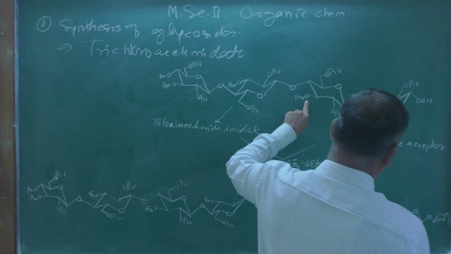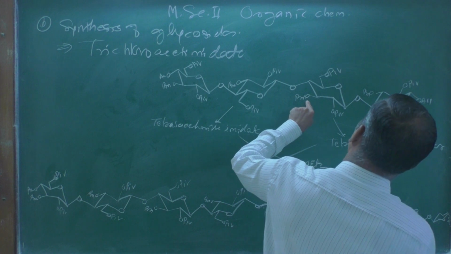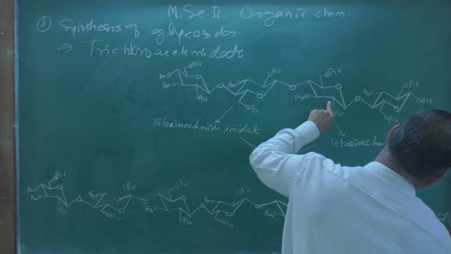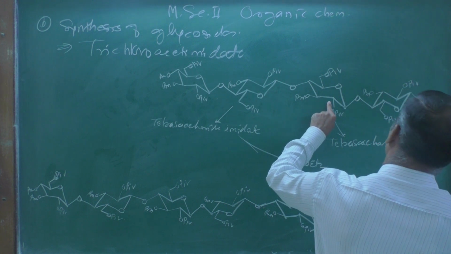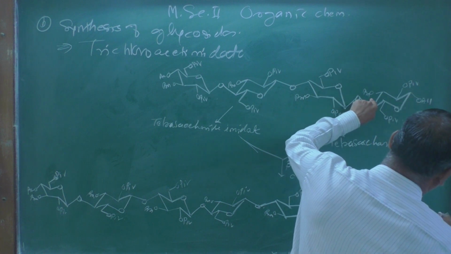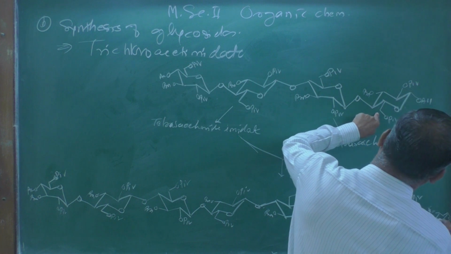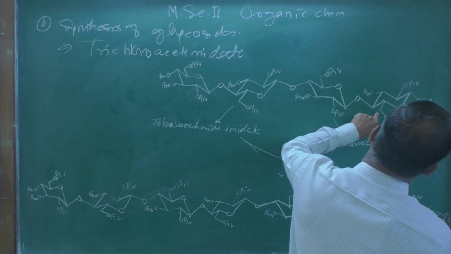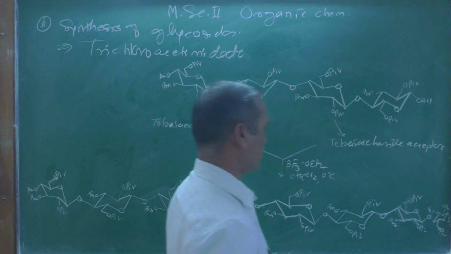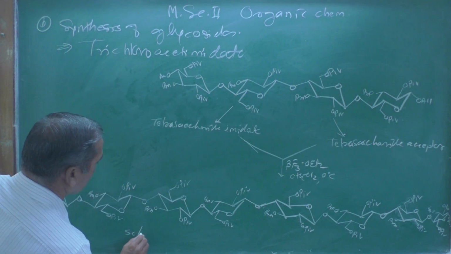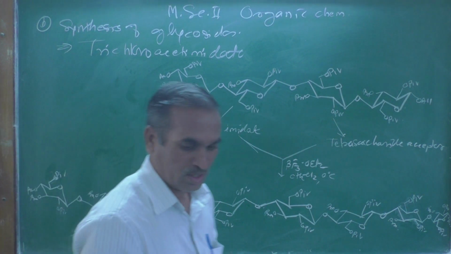And here once again OBn, here is OPiv, and here as it is OPiv, pivaloyl. And look at the last one: OBn as it is, and here OPiv, and this one is OPiv. That is the scheme, scheme number 3, which we have just discussed.